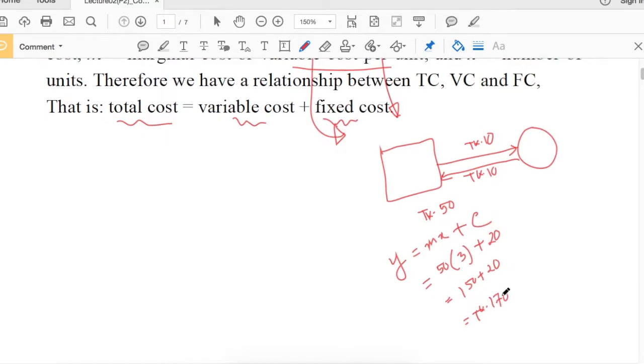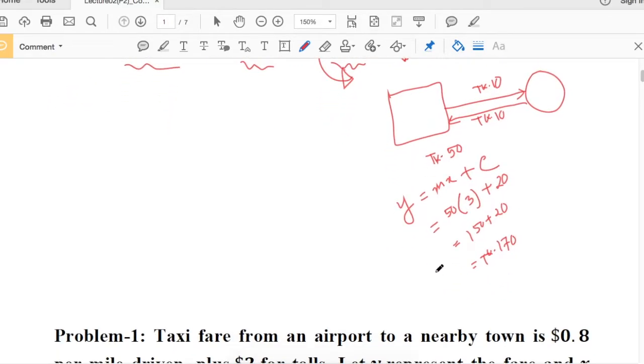This is the total cost for 3 marker, and let us calculate total cost for 4 marker. That will be 50 into 4 plus 20, which is taka 220. And you see the marginal cost, I said cost of buying an additional copy.